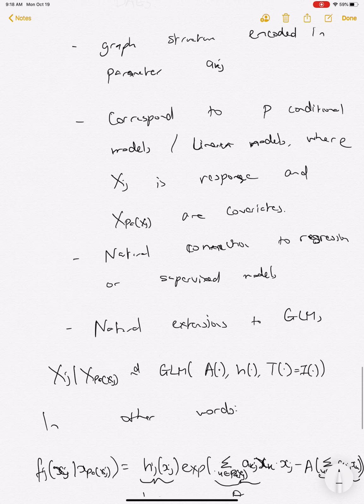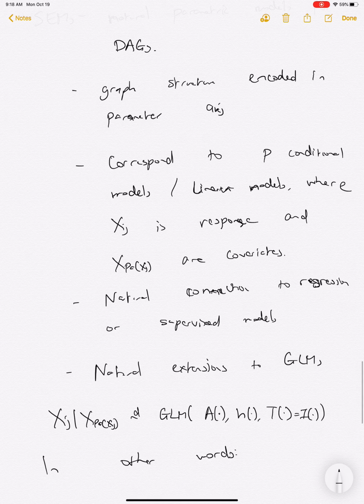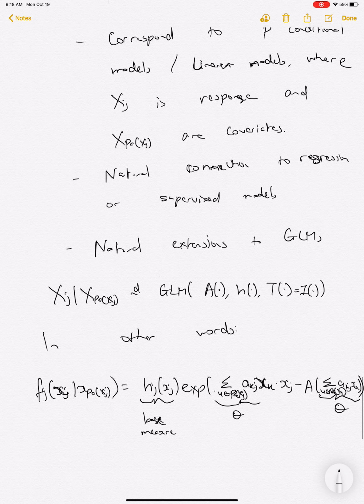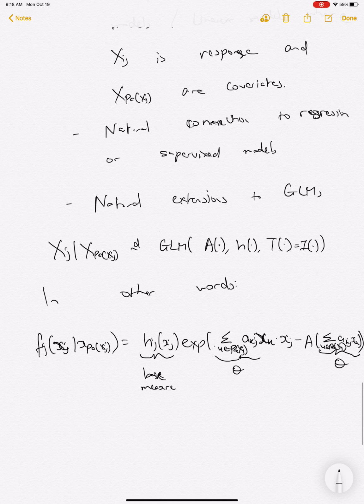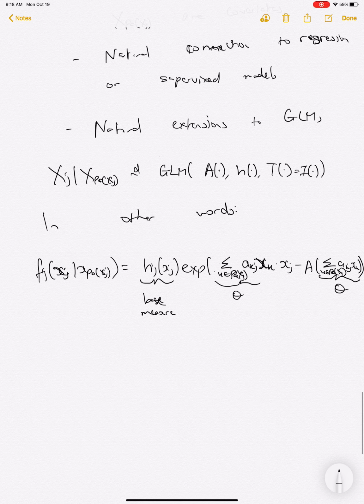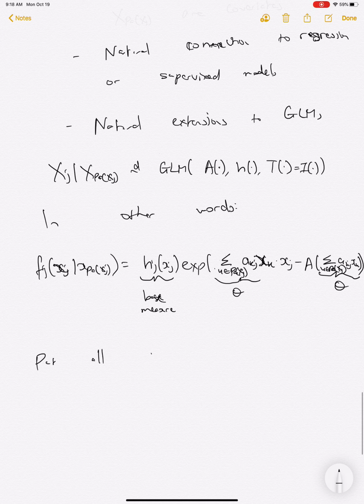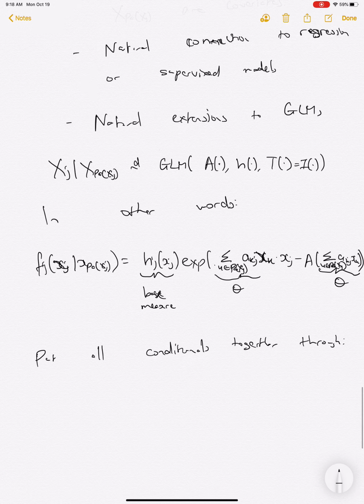This is an important connection to understand between GLMs and structural equation models, where you can imagine that xj is the response and all of its parents are covariates. Essentially we put all the conditionals together through this factorization.